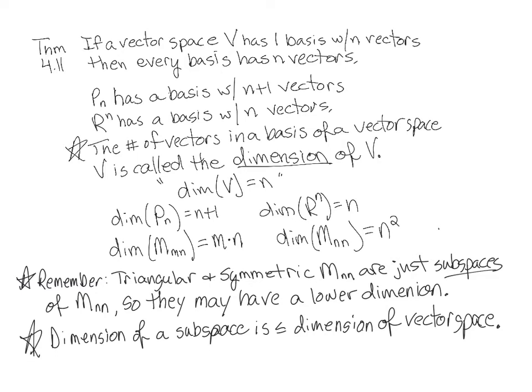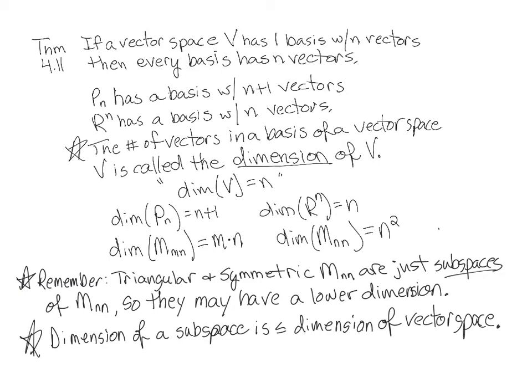So when you're checking for the dimension of either a triangular or a symmetric matrix, you may have fewer than n squared vectors in it. You may have a lower dimension.